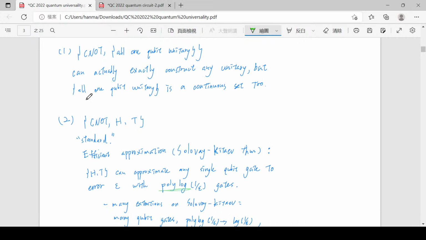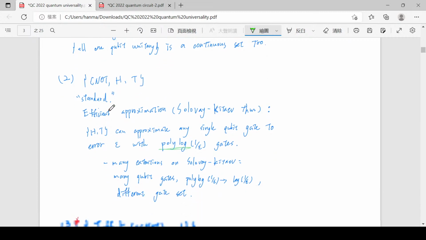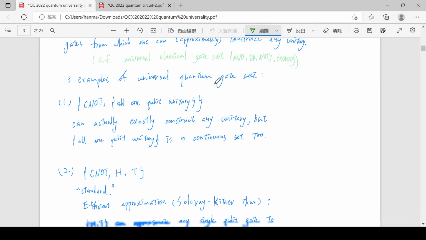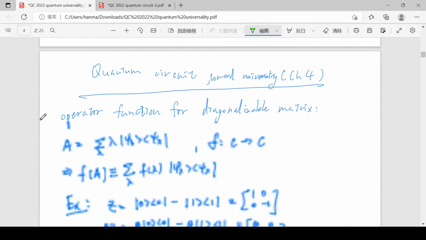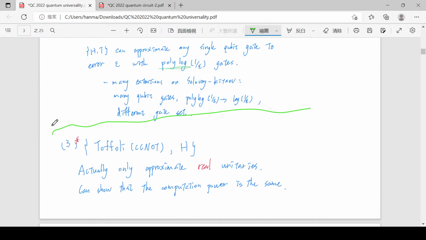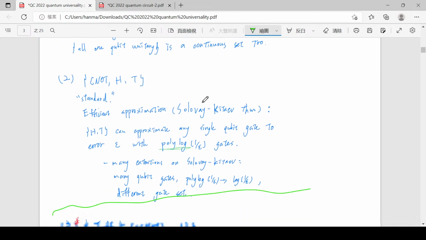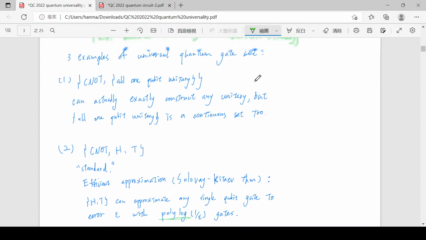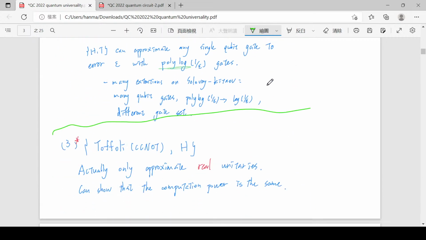And then we showed that you can use Hadamard and T gate to simulate all one-qubit unitaries. Those two are covered in the book. Here we have a short version, and we will do a slightly longer version probably this week. But as we said, we don't want to go into full detail because it's a little too much detail.